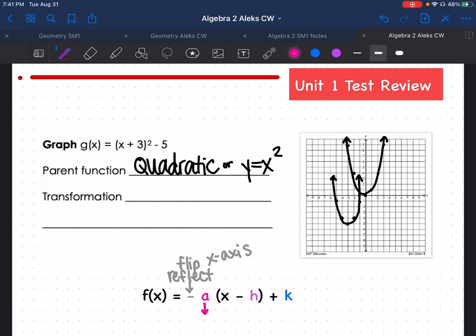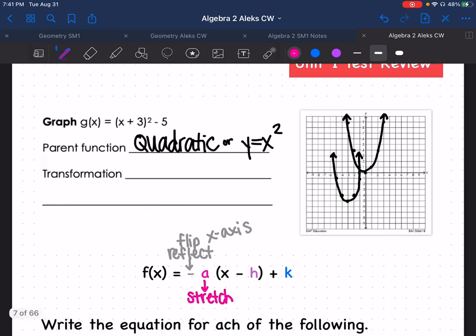If there is a number right here after the minus sign or after the negative sign or after the equal sign, then you should see words like stretched or stretching or stretched by, or compressed or compressing.